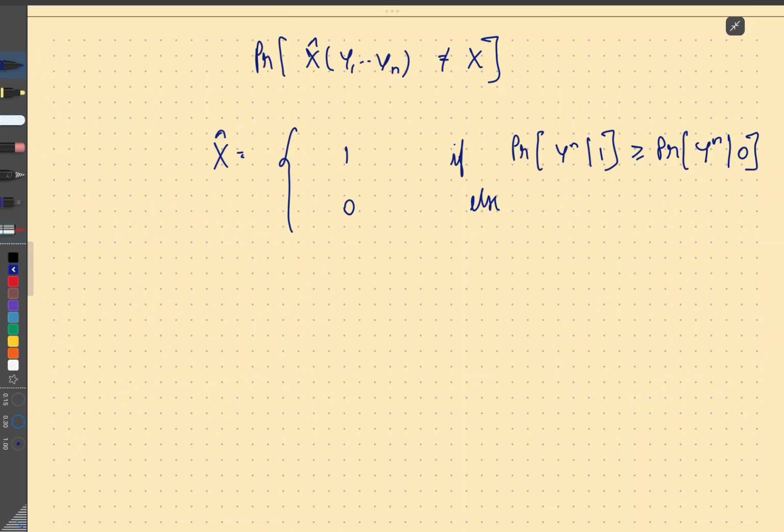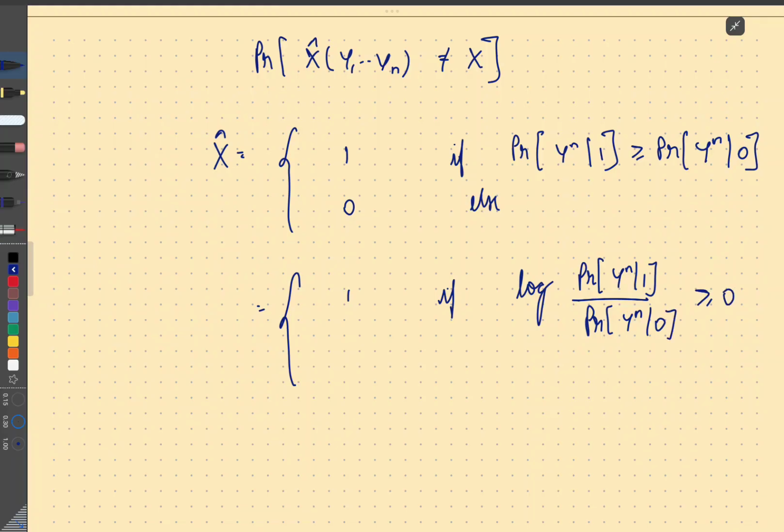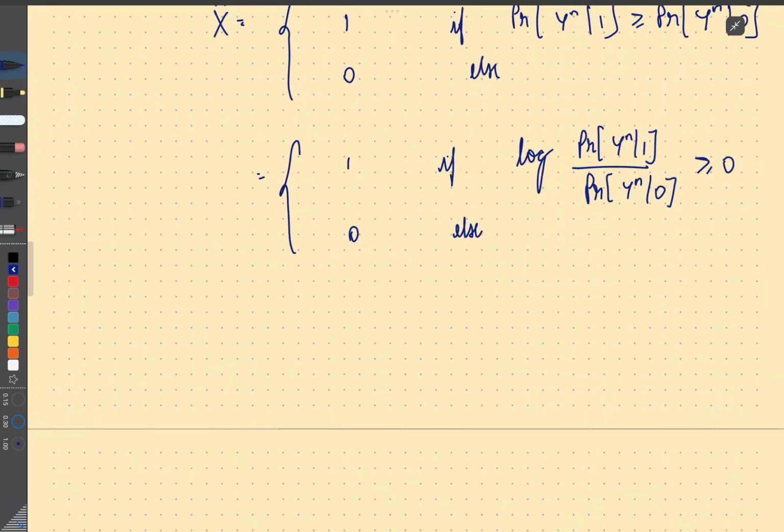Or I'll write it in a slightly more convenient fashion. If the log of the probability Y^n given 1 divided by probability Y^n given 0 is greater than or equal to 0. But what is the probability of Y^n given 1 equal to?